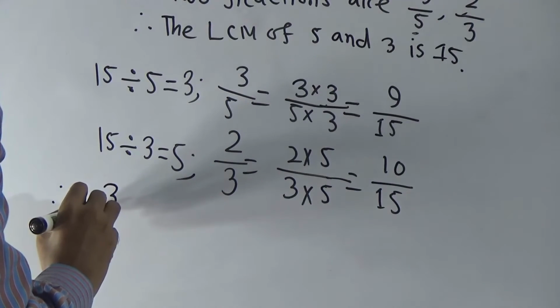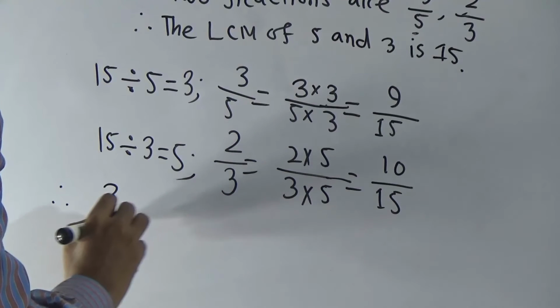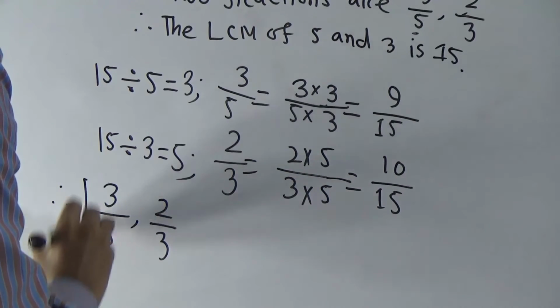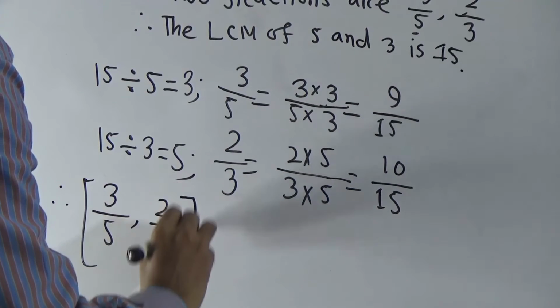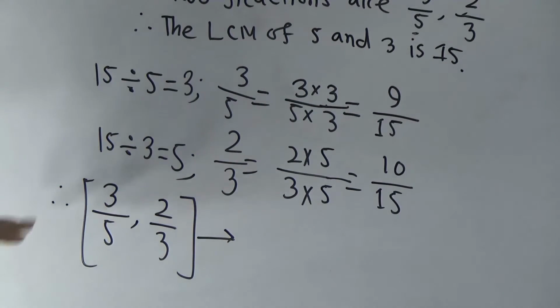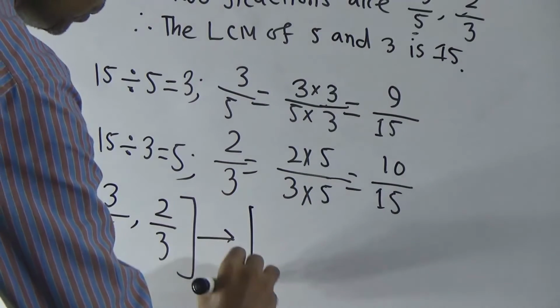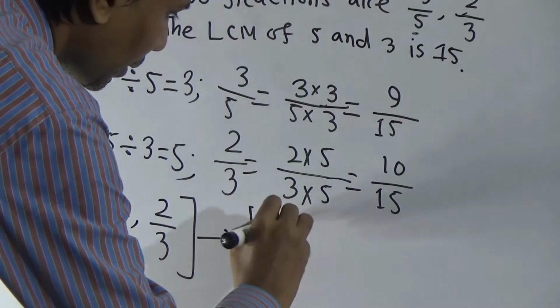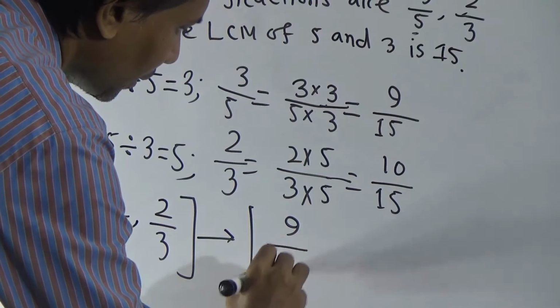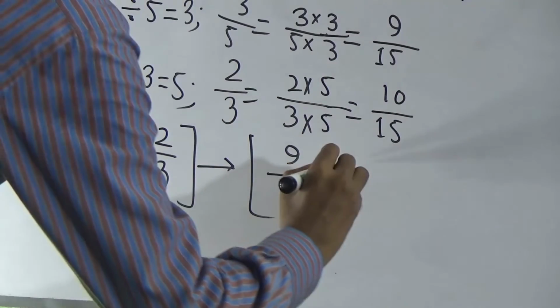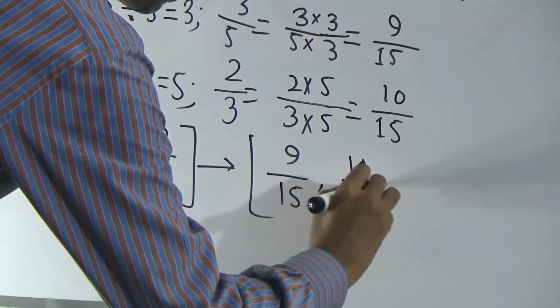3 by 5 comma 2 by 3, give the third bracket, give arrow sign. 3 by 5, 2 by 3, this equals what? 3 by 5 means 9 by 15, and 2 by 3 means 10 by 15.